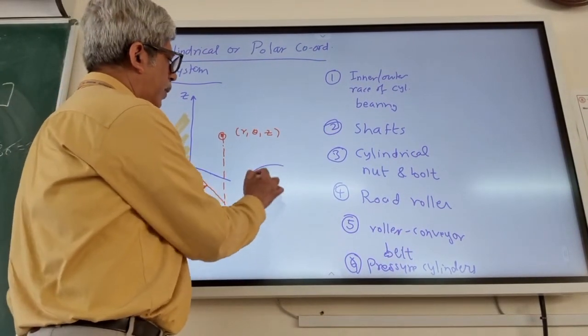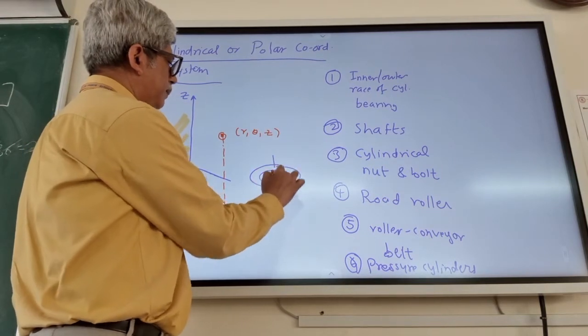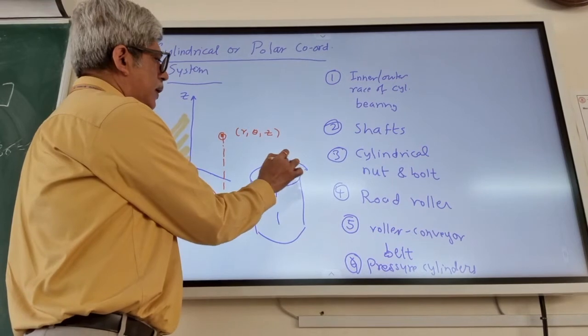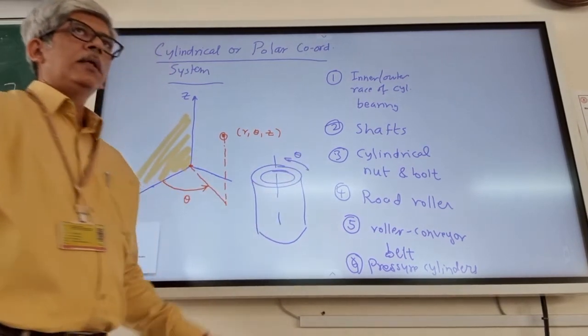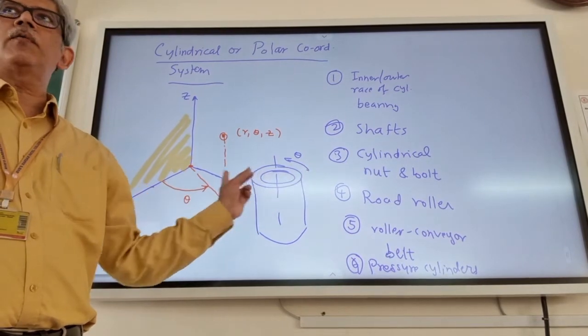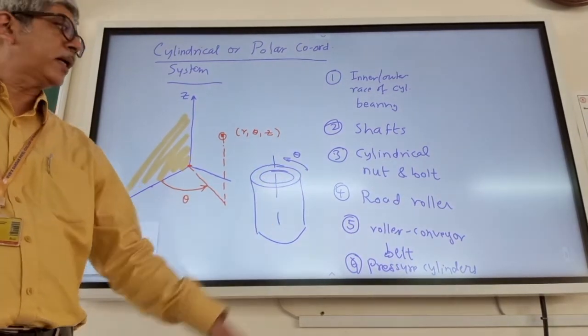So this is your component which has circular symmetry. This is the theta direction. So the load at any theta should be identical. The load should not vary in the theta direction. That is the additional condition.